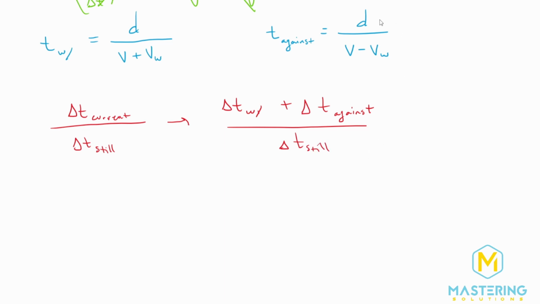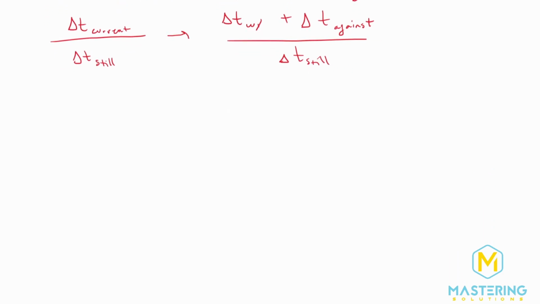So now we can plug in these expressions that we just found into our equation. We're going to have the distance divided by the velocity plus the velocity of the water, plus the distance, this one's against, so divided by the velocity minus the velocity of the water, the current.